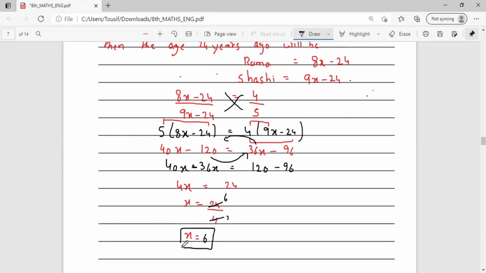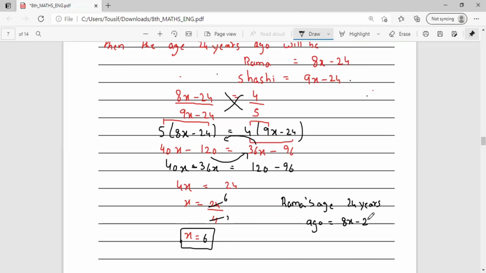That is just the x value. We have to find the ages 24 years ago. So 24 years ago, what did we consider Rama's age as? We considered his value as 8x minus 24.